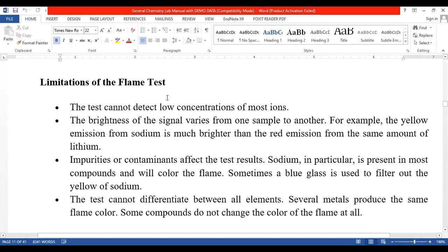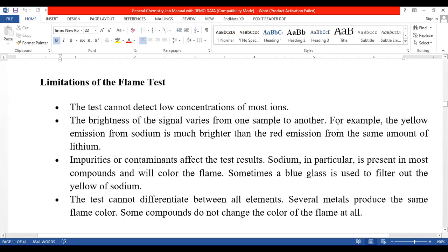Just for your reference, I'm reading the limitations of the flame test, which are also important. The test cannot detect low concentrations of most ions. The brightness of the signal varies from one sample to another.